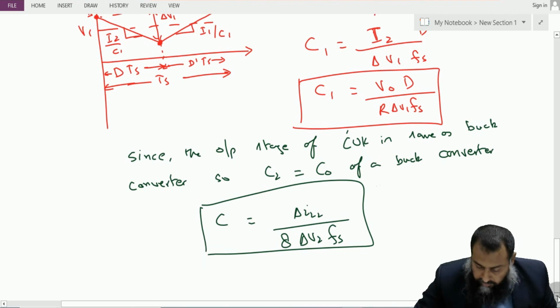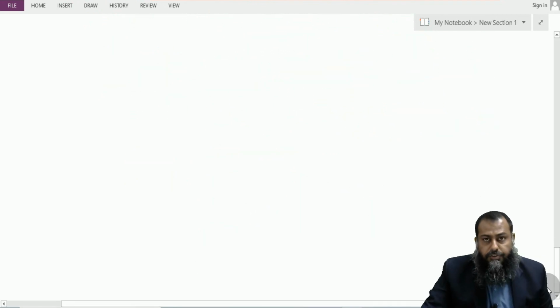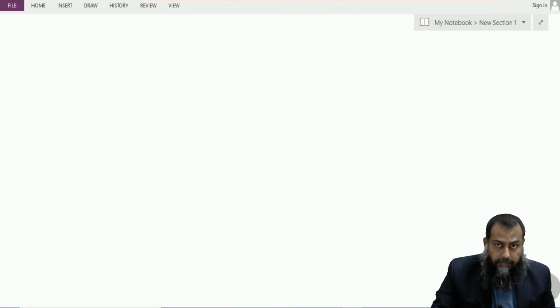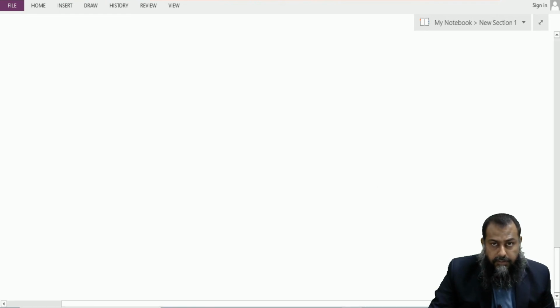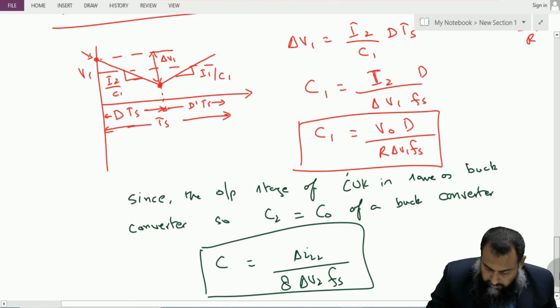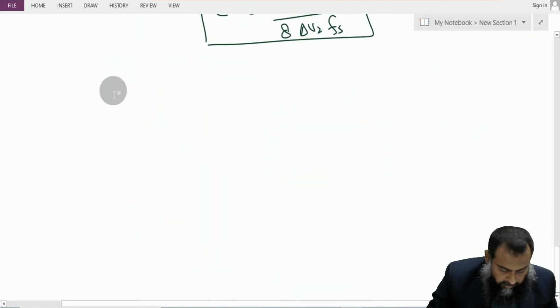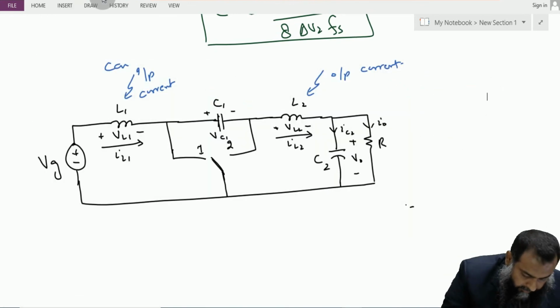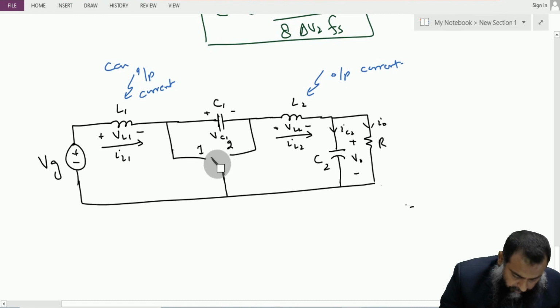In order to find out the switch that can be realized for this Cuk converter, we will use the same terminology as we have used for the previous non-isolated converters. Let us copy this one for the switch realization. Here we have the Cuk converter, so we have two switches.